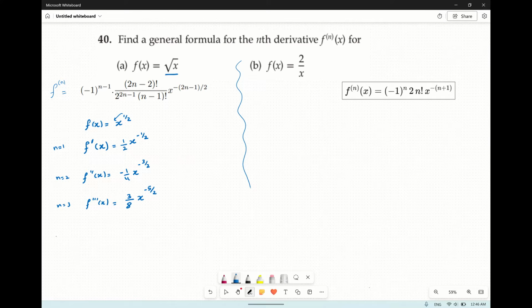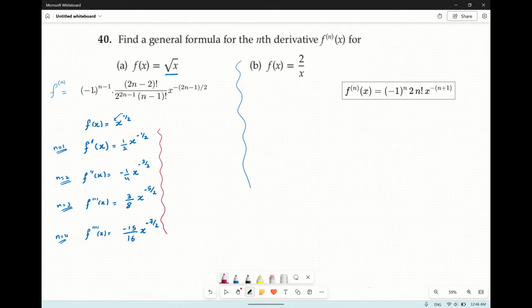Now I can continue. If I find the fourth derivative, so if I have 4 dashes here, this is going to be negative 15 over 16 x to the power negative 7 over 2. Now I can substitute in the place of n these numbers and check, does this give me this or no? So now let's start checking.